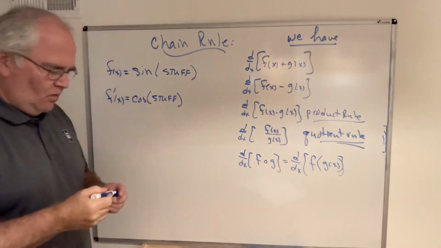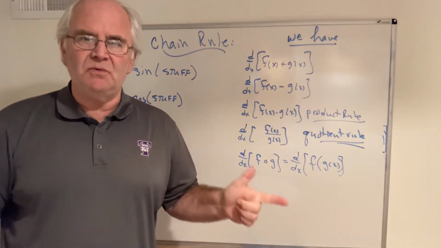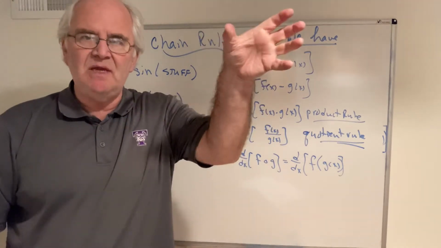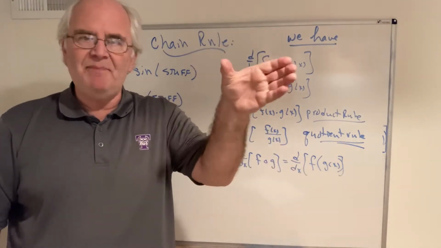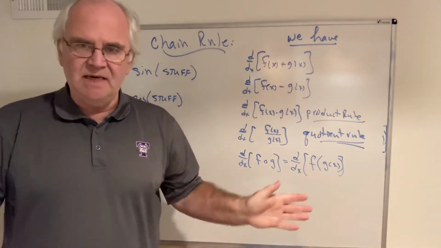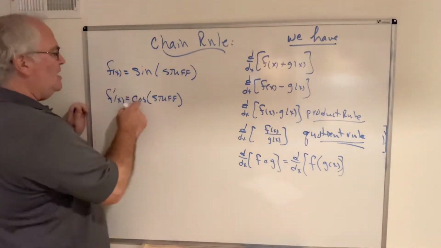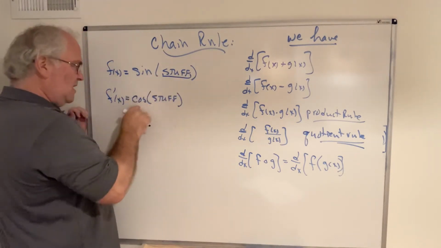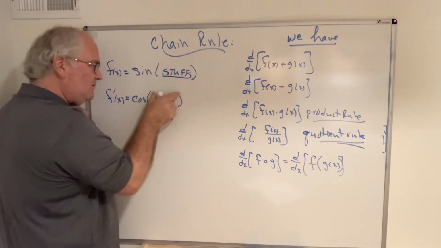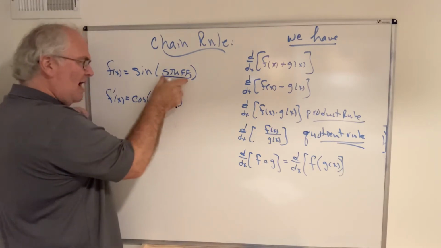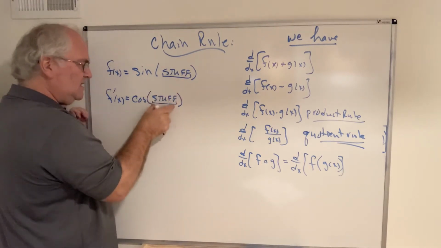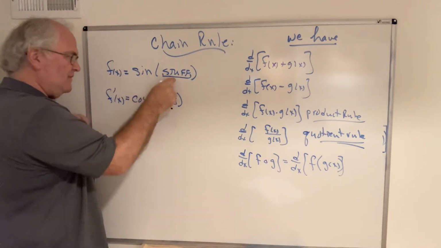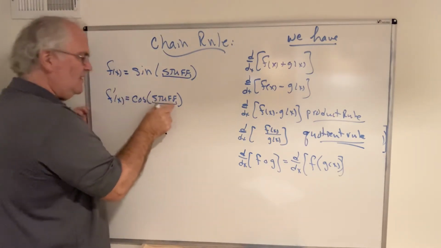And remember, whether you're using product rule, quotient rule, or chain rule, somewhere in that process you need to copy, paste. If you don't copy and paste, you made a mistake somewhere. The derivative of sine is cosine, but then the stuff is copy, paste. This does not change. The derivative of sine of something is cosine of the something.